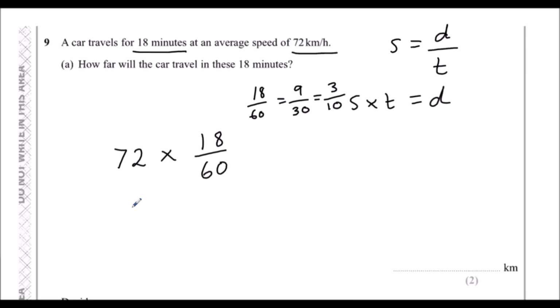So 72 times 3 tenths. So 72 times 3. 7 times 3 is 21. So 70 times 3 is 210, plus 2 3s, which is 6. So that's 216 over 10, which is 21.6 kilometers.